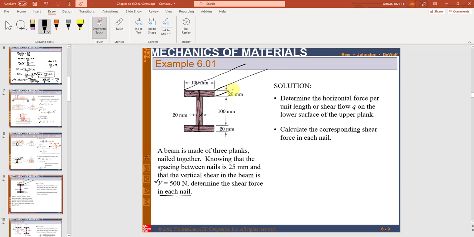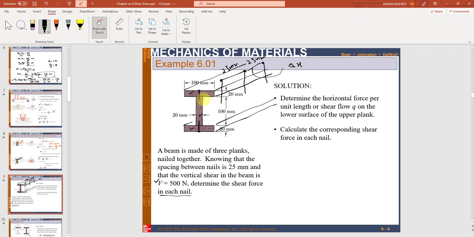So if I draw it in 3 dimensions, you can see this is the beam. There will be one nail, there will be another nail. Throughout the length of the beam they are held together by nails, but it is given that the distance between the nails is 25 mm. So this distance is 25, this distance is 25 mm. This distance is actually delta x.